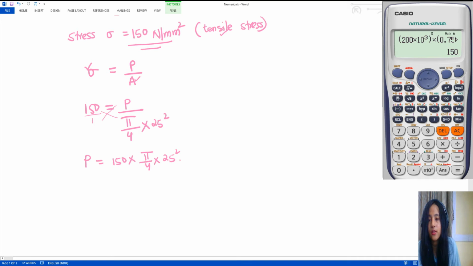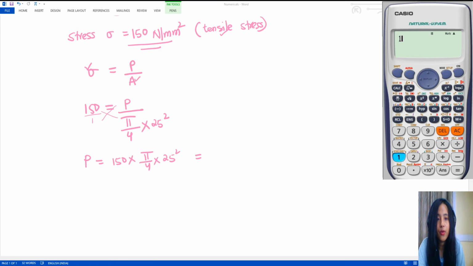So from here my force will be 150 into pi by 4 into 25 square.